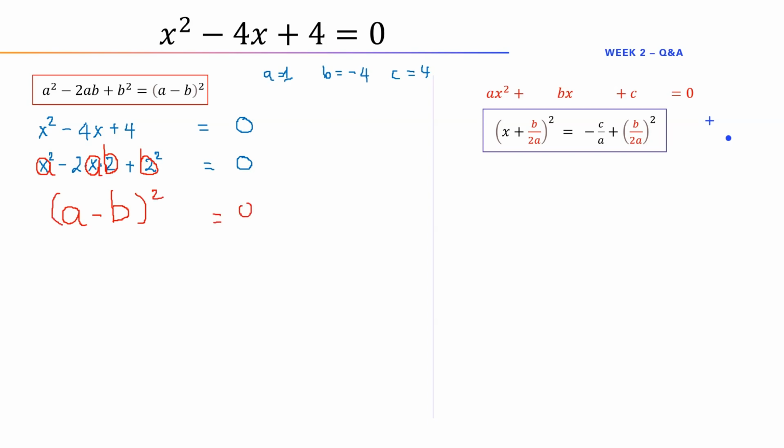That equals 0. Now we plug it in. A equals x, B equals 2. So finally we have x minus 2 squared equals 0.